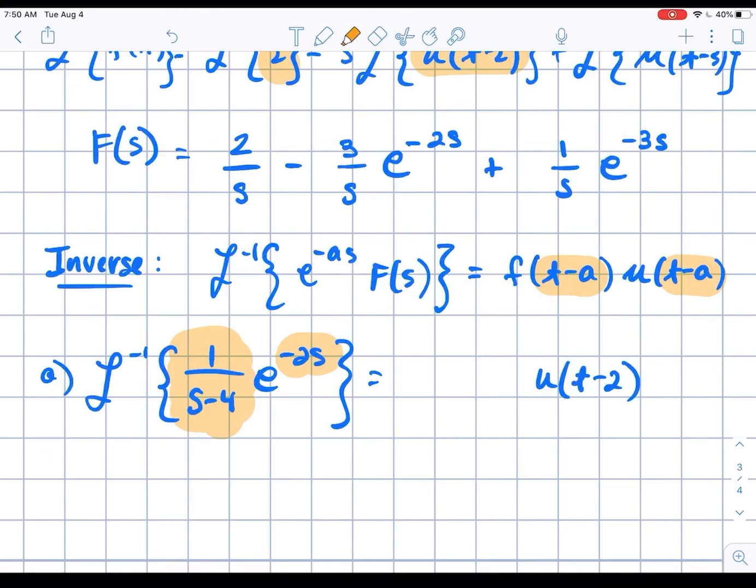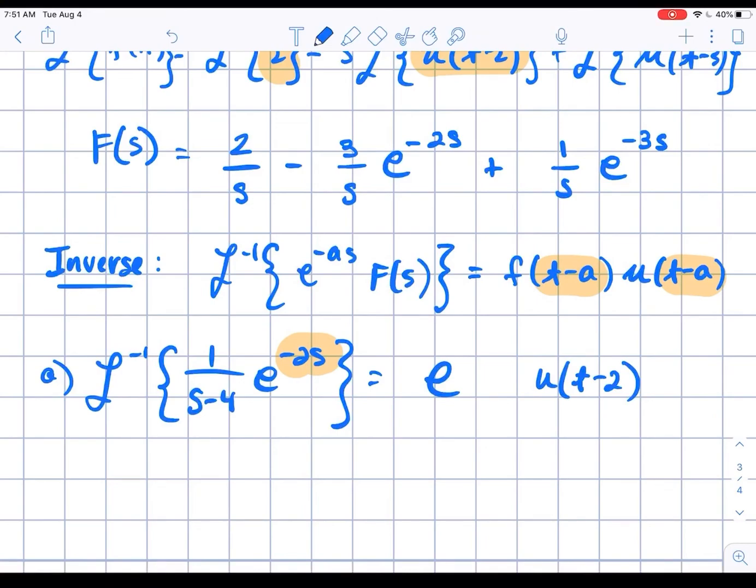But because we want a function of t minus 2, instead of e raised to the 4t, I'm going to make it e raised to the 4 times t minus 2.